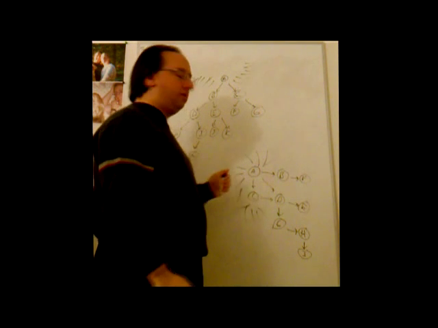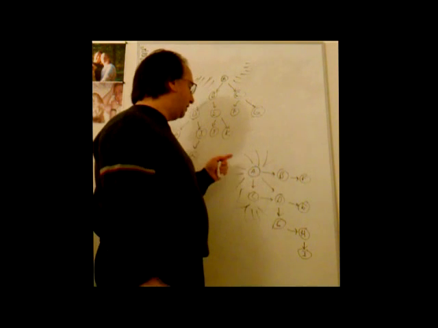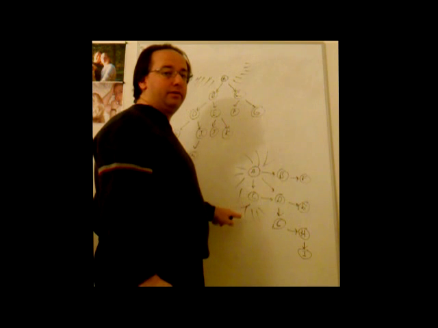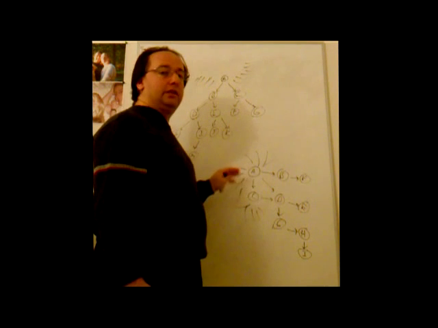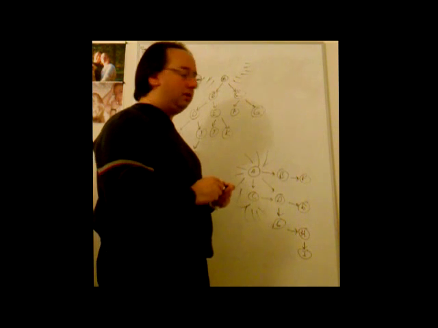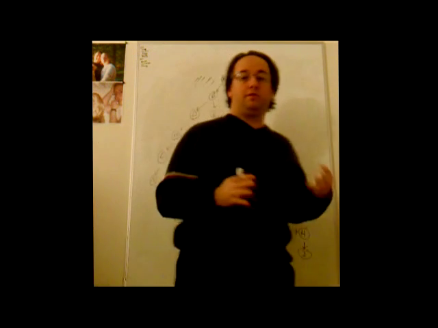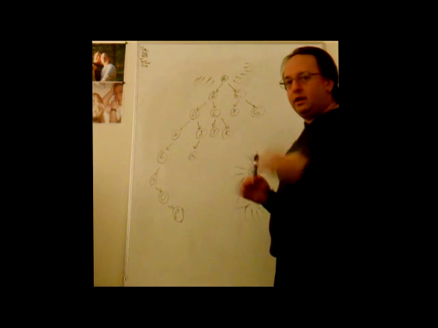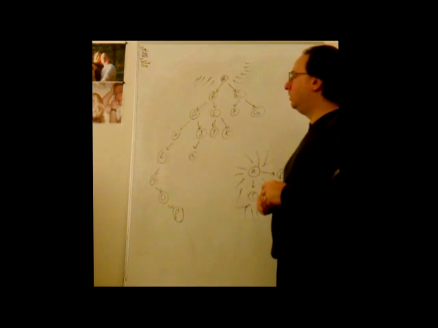You could have a huge number of edges coming out of a vertex. In that case, breadth first search has to keep track of all these at each level. And so even if it has to go down just a couple levels, there's a huge amount of memory that it has to keep track of. So breadth first search has that disadvantage of not being able to operate after a couple levels with huge numbers of memory. So you have to think about the problem and the solution you're looking for.